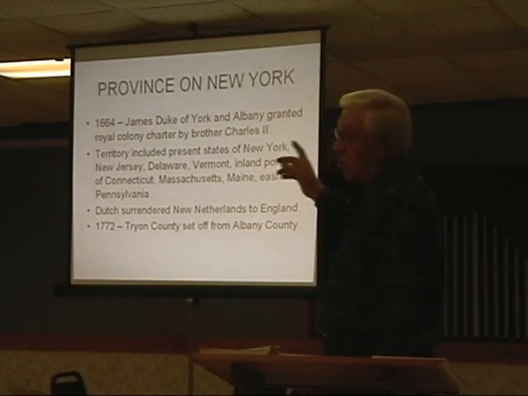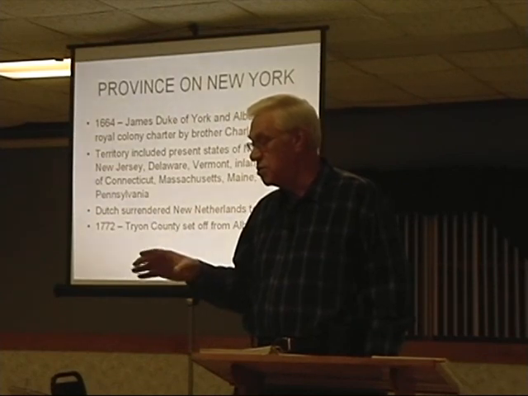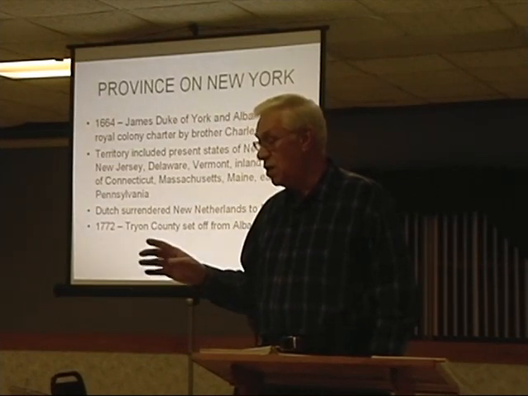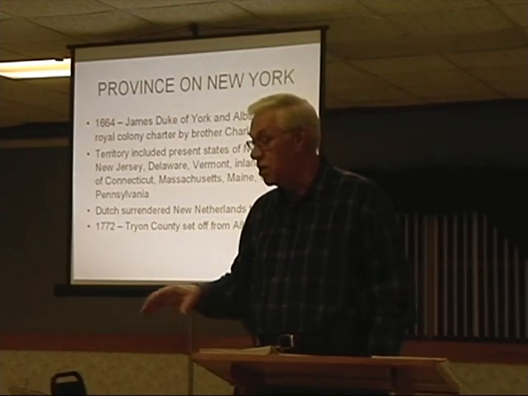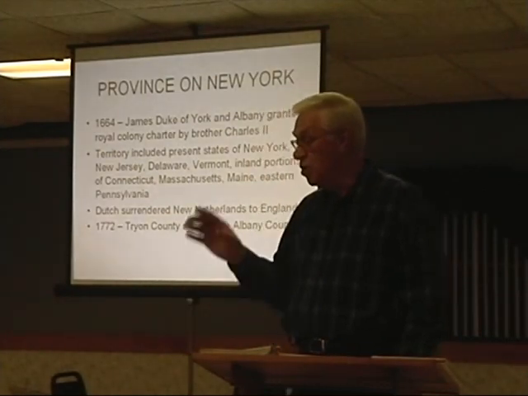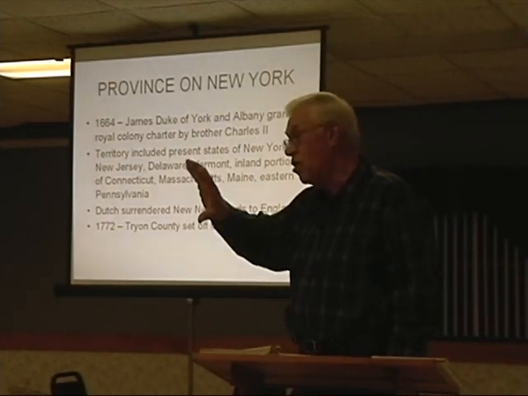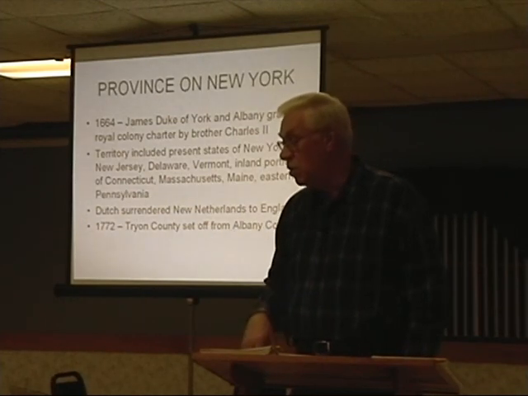The territory included all of New Jersey, what is presently New York, New Jersey, Delaware, Vermont, and inland portions of Connecticut, Massachusetts, Maine, and eastern Pennsylvania. So this grant to the Duke of York was a large grant covering the area that we live in.